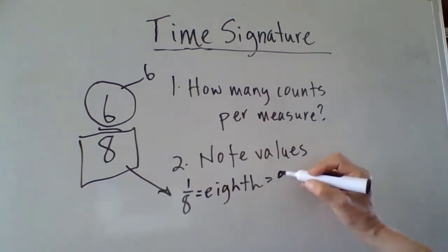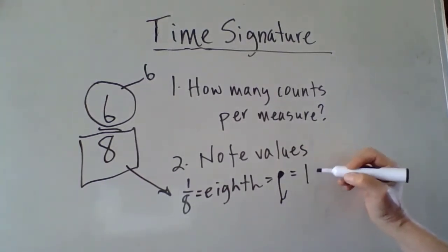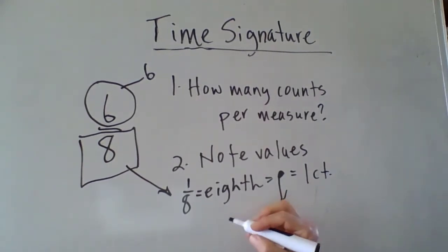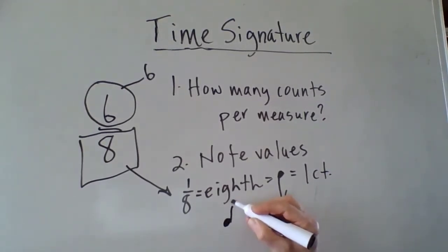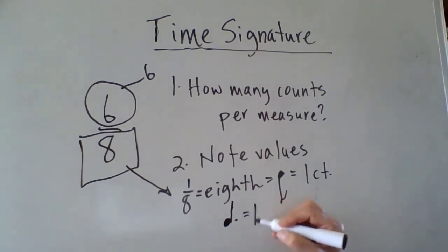And that's going to be an 1/8 note will equal 1 count in the traditional 6/8 time, unless you're given extra instructions that tell you something different, which in the case of Tarantelle, there is an extra set of instructions. Tarantelle has this notation that tells you a dotted quarter equals 1 count.